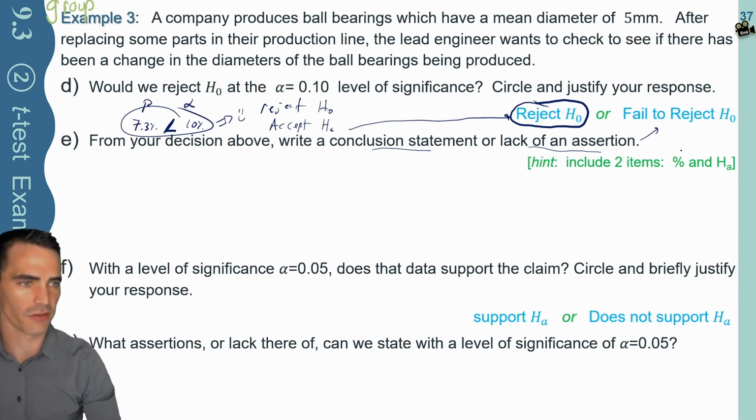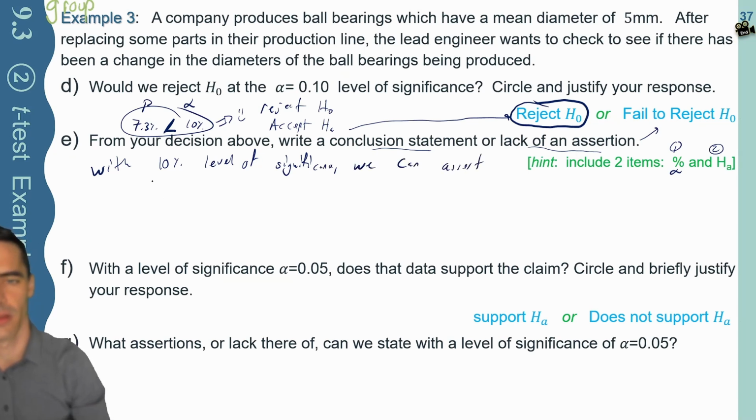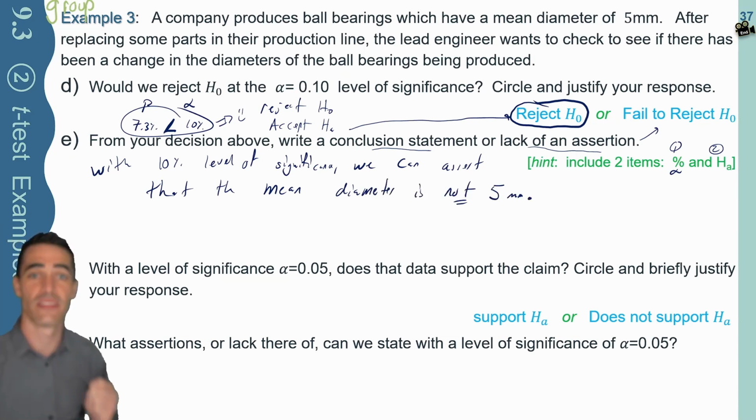Regardless of the way you're writing your statement, though, we should always include these two ingredients, the level of significance and our claim. And we'll write it like this. I'll say with 10% level of significance, we can assert that the mean diameter is not 5 millimeters.